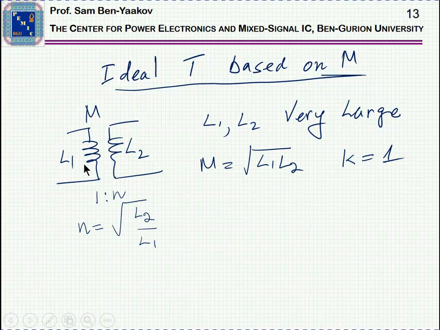It should be much larger than the inductances in the circuit, so that the current flowing through these inductances L1 and L2, which just represent the ideal transformer, should be low. And of course, we use M is the square root of L1 L2, K is 1, because this is an ideal transformer, and N is related to the square root of L2 over L1.